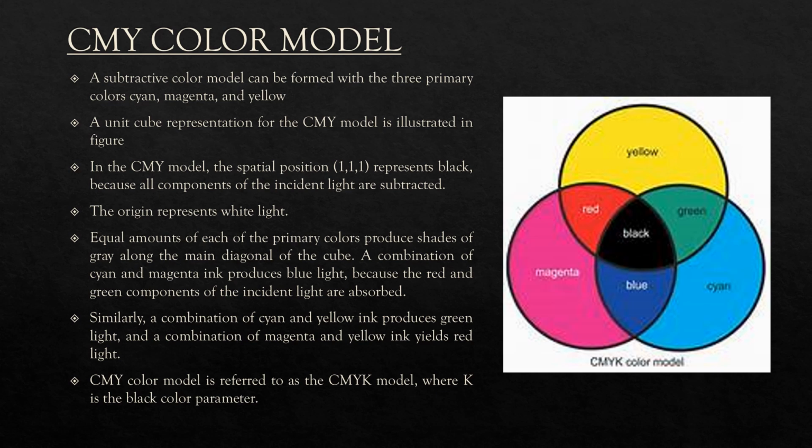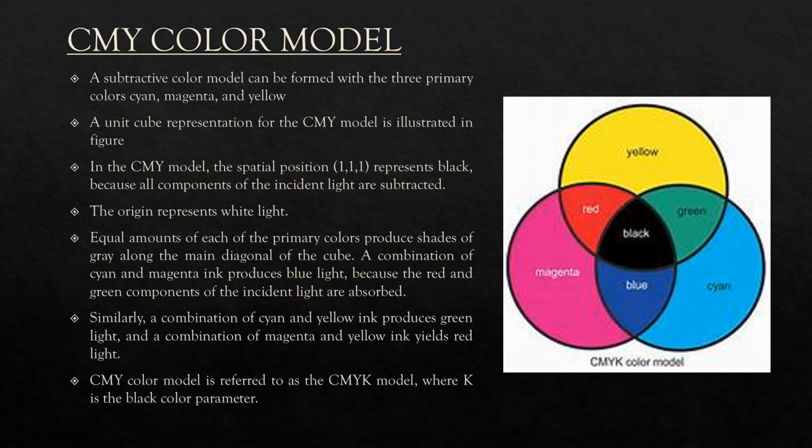In the CMY model, the spatial position 1, 1, 1, which is 1 in x-axis, 1 in y-axis and 1 in z-axis, represents black because all components of the incident light are subtracted from each other. So the origin represents white light. Equal amounts of each of the primary colors produce shades of gray along the main diagonal of the cube.